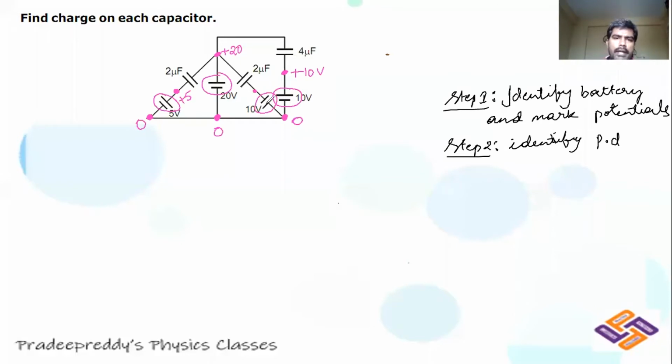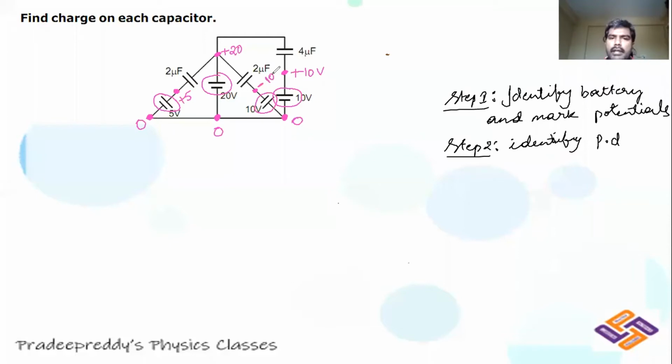And there is one more battery over here, it is 10 volt. See, already the positive terminal of this battery is connected to 0. Then if this is 0, obviously at this position it should be minus 10.